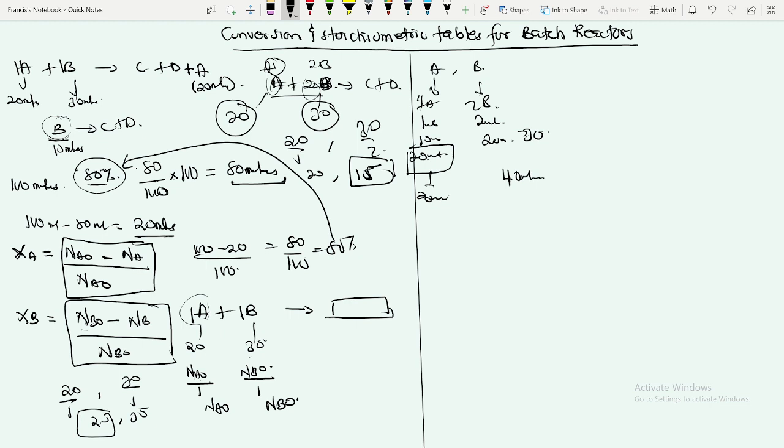That's to tell you that your B will rather be the limiting reactant. Or you can just divide through by their stoichiometric coefficients and then you can use that. That one always works too.